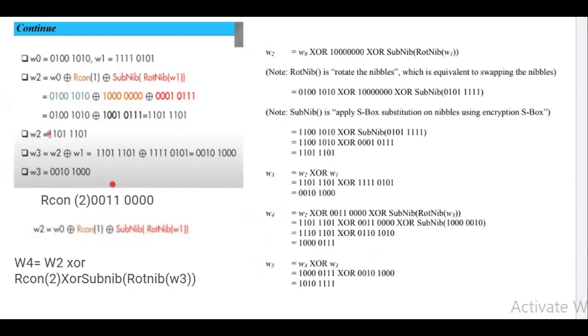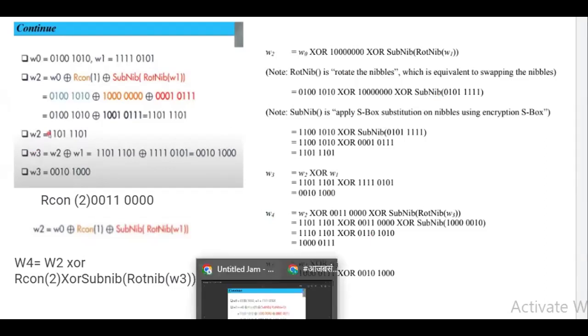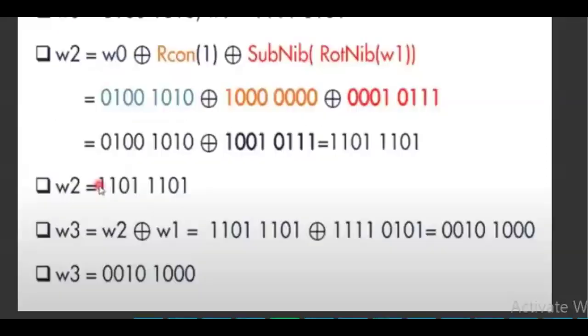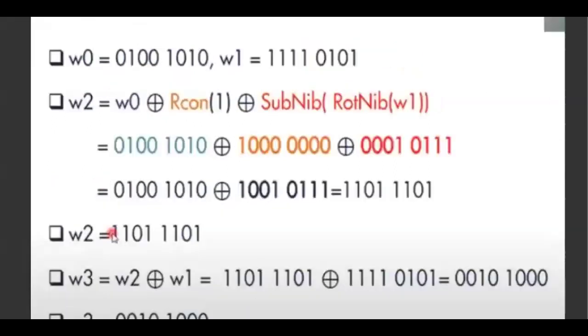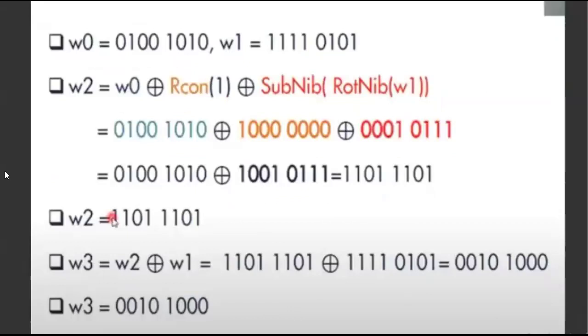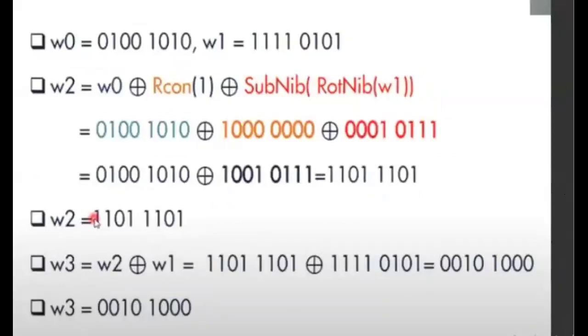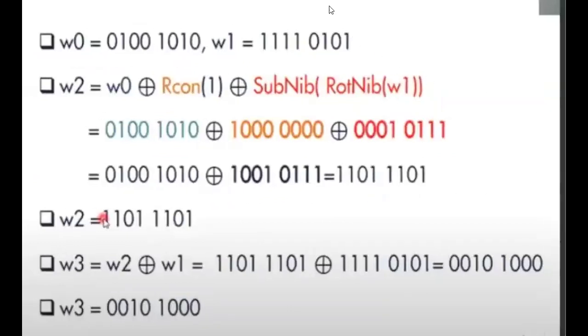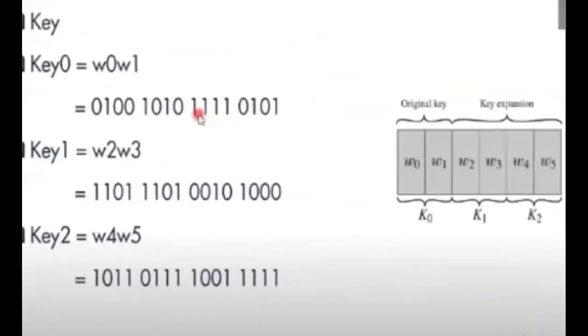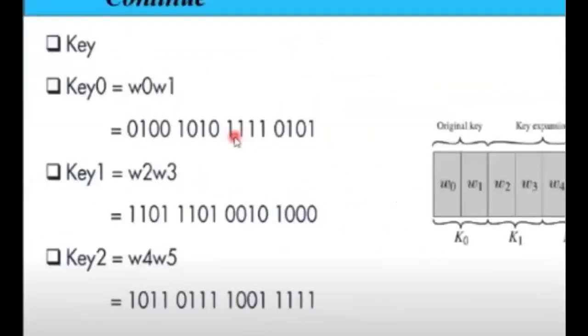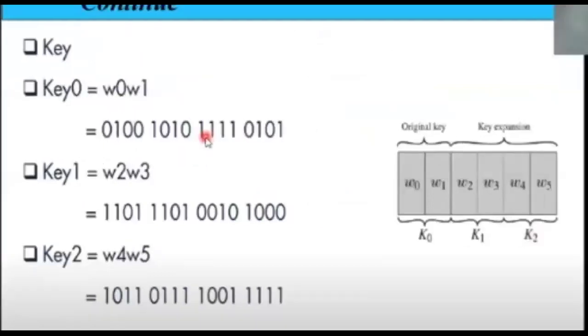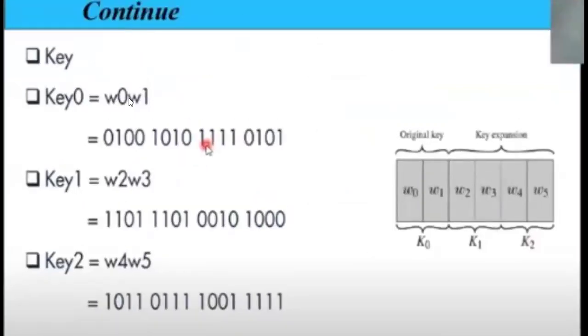Now we are ready with all the values, and the last step which we have to do is just concatenation. To generate the 3 keys, we need to do the concatenation. Let me show you how you will be doing concatenation. These are the concatenations which you have to do for key generation.